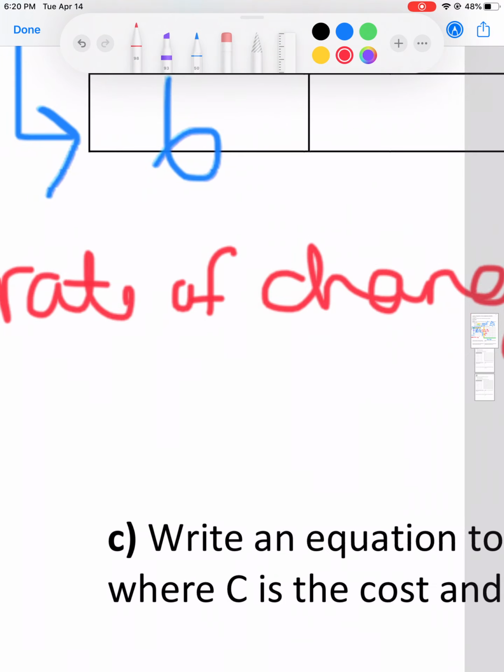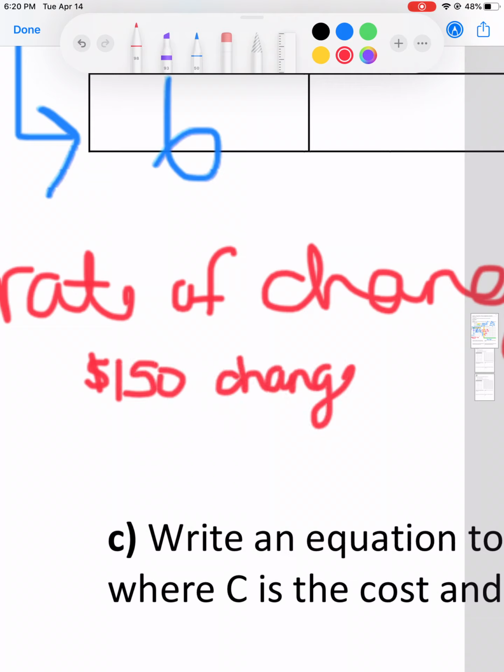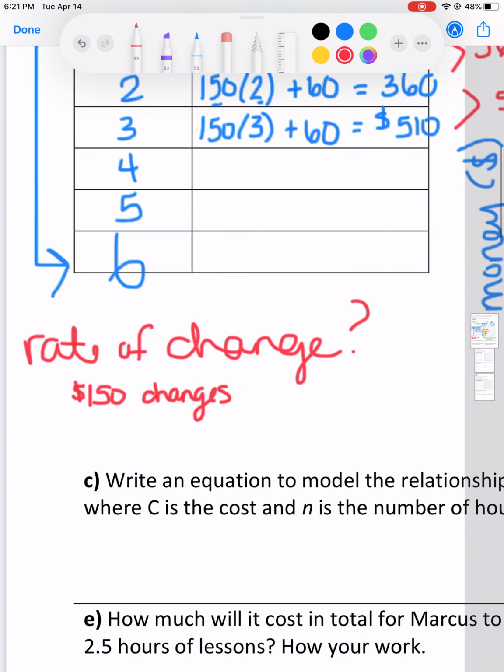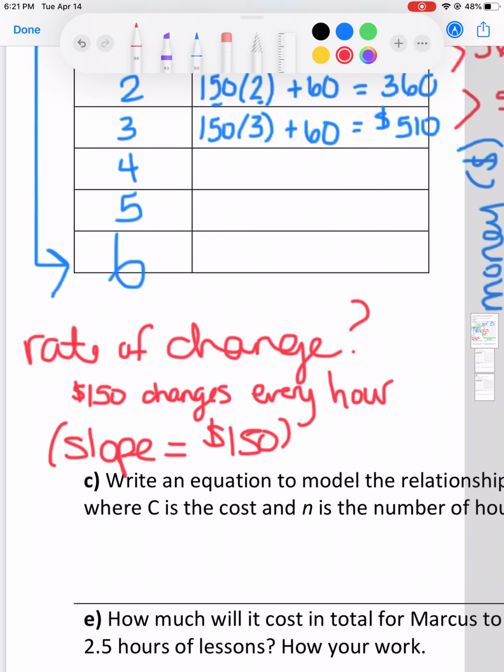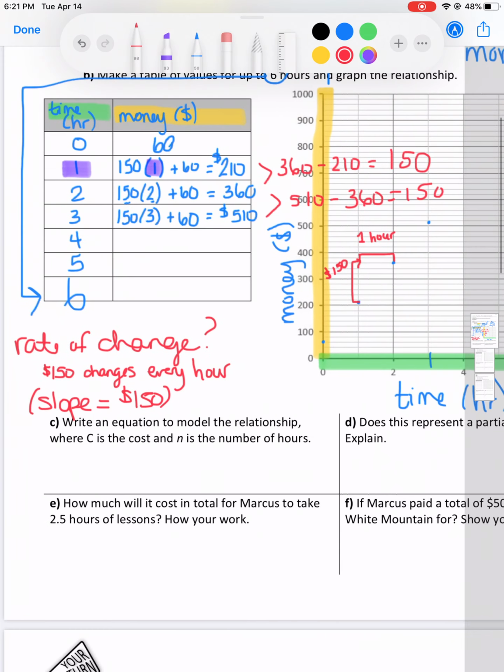It is a rate of $150 changes every hour. So that means my slope is $150 or 150.